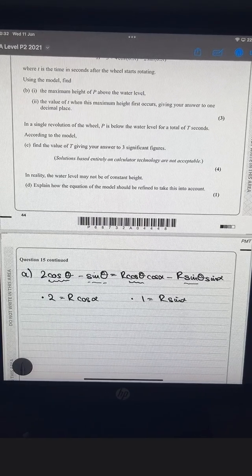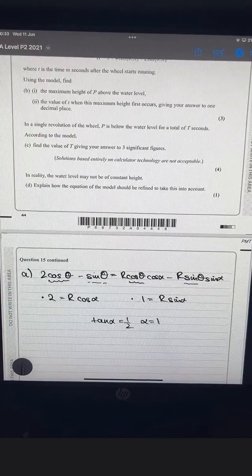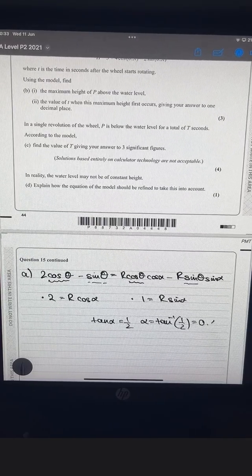So if I divide this by this, I'd have tan alpha, right? Because sine alpha over cos alpha is tan alpha, and r by r, they cancel. That is equal to a half. So alpha is inverse tan of a half, which is equal to 0.464 radians to 3 decimal places.